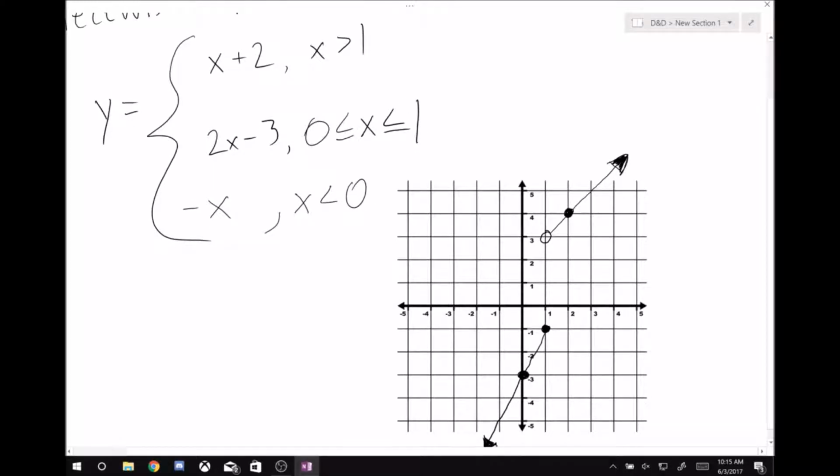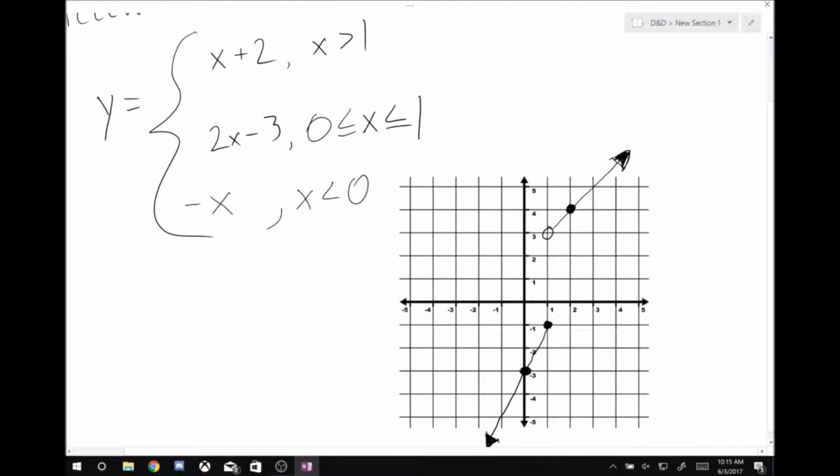So if that was the case, what that would mean is when it's greater than 1, it follows this graph. When it's from 0 to 1, it follows this graph, which would mean this one would just go between these two points from 0 and 1. And then when it's less than 0, it follows this graph, which is going to look like this.